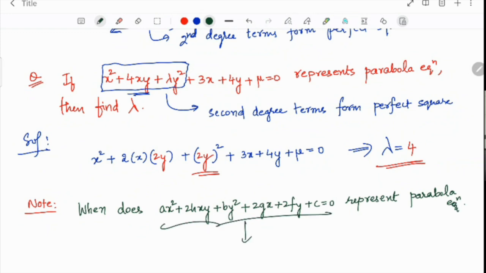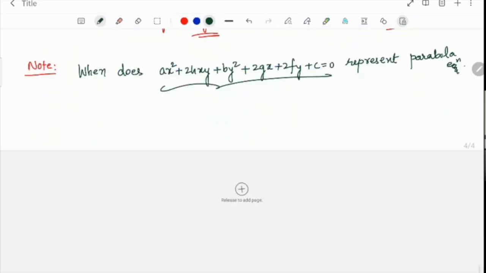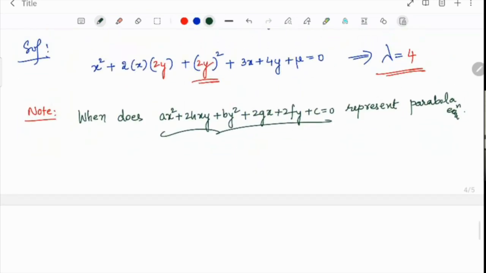In circle chapter we have studied, a equals b and 2h equals 0. x square coefficient, y square coefficient should be equal, not necessarily 1, it should be equal. And xy term should not be there. That means it should be 0. So when does this equation represent parabola equation?